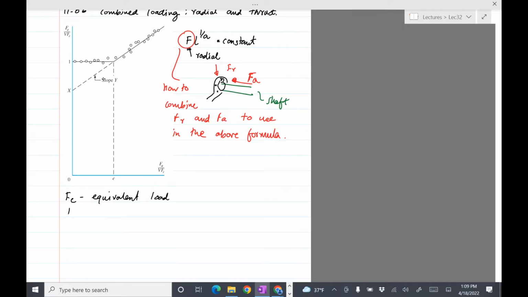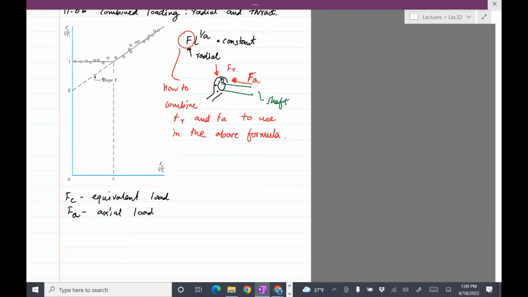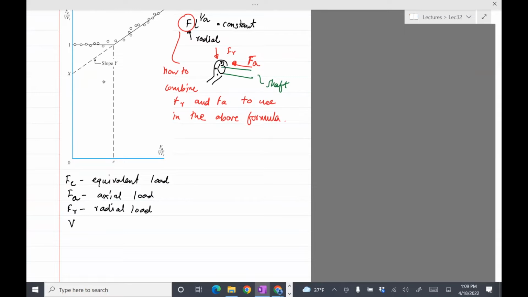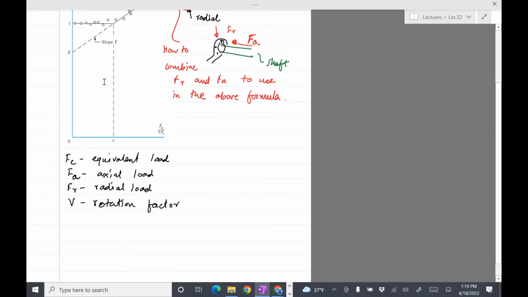FA is the axial load, and FR is the radial load. So we'll define a factor V, and that V is called the rotation factor. It is 1 or 1.2.